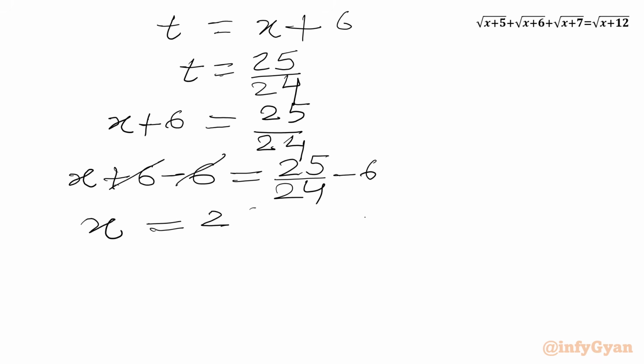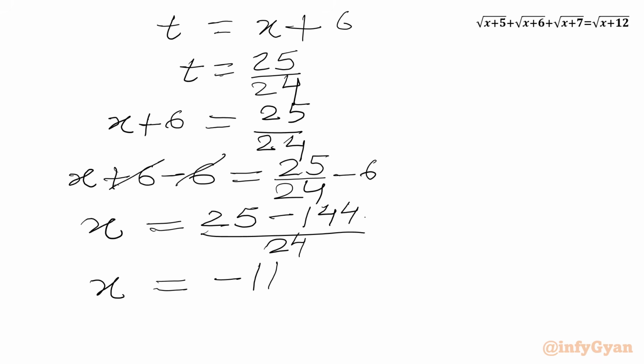So we will take LCM over here. So 25 minus 24 times 6, 144 over 24. So our final answer becomes x equal to negative 119 over 24.